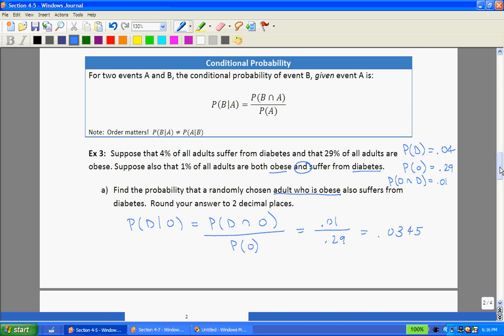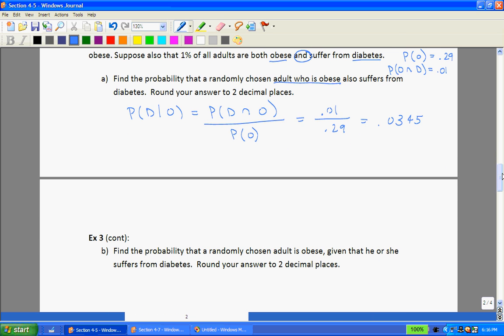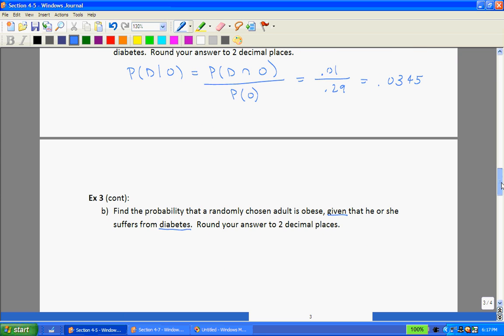Okay, let's take a look at part B. Find the probability that a randomly chosen adult is obese given that he or she suffers from diabetes. Notice how the language is different this time. We know that they have diabetes because it said given that they have diabetes. This time we want to know what's the probability that they are obese. So my notation will change.